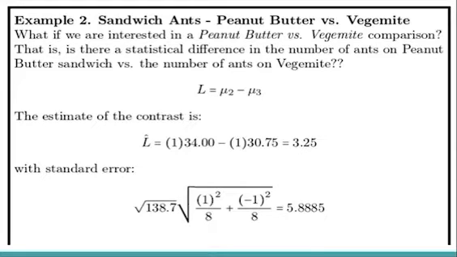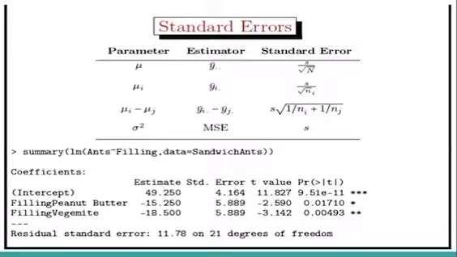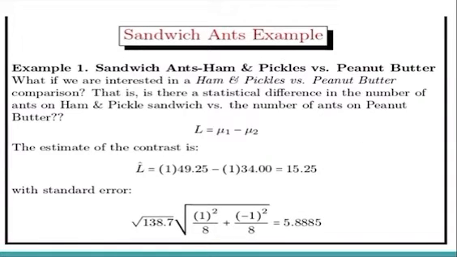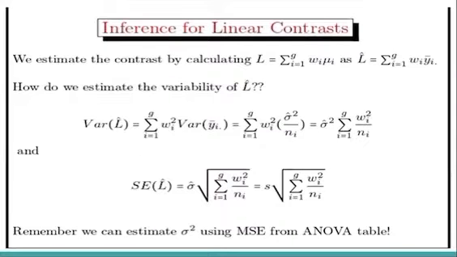I need somebody to ask me a question that you have not asked me. Where did I get 138.7 from? Let's go back to the formula. You see sigma cap, right? In the analysis of variance table, if I want to get a sigma cap, that is the square root of the mean square error.